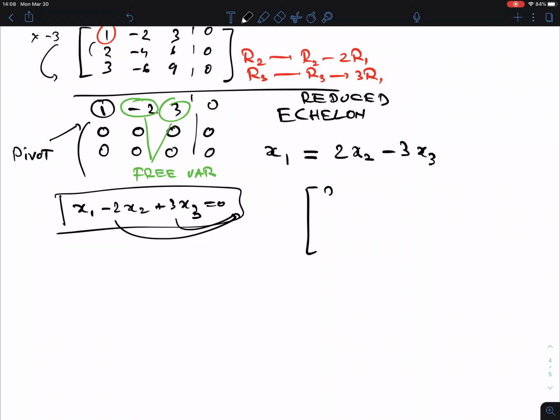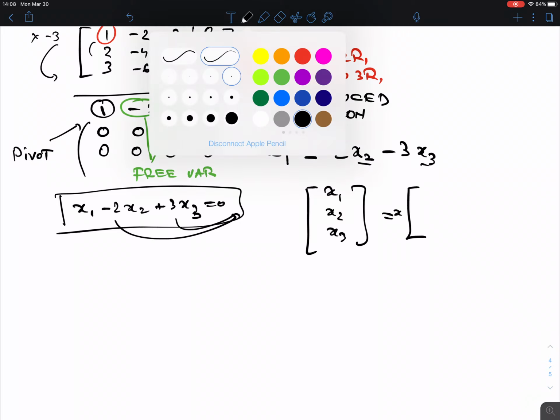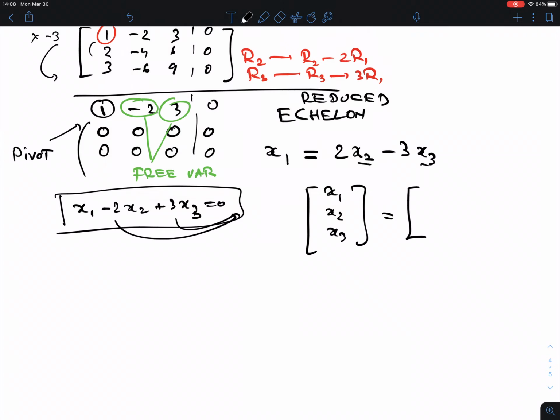If I write my vector x1, x2, x3 here, in terms of these two, x1 is 2 times x2 minus 3 times x3, that's x2, x3. So let's look at everything that has an x2 in it.